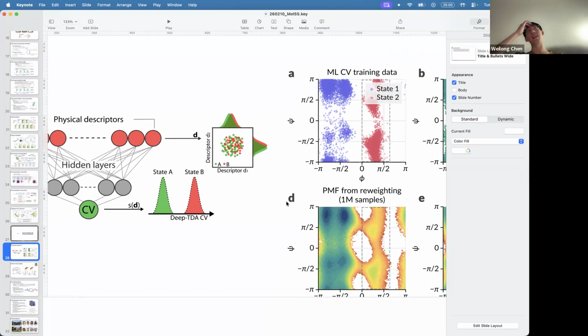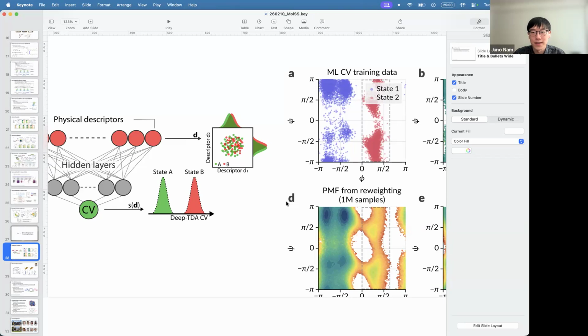But for larger systems, have you tried sampling? I haven't tried sampling using this approach yet. I know there are a bunch of collective variable discovery papers out there, but I don't know which one is the best. Do you have any recommendation?